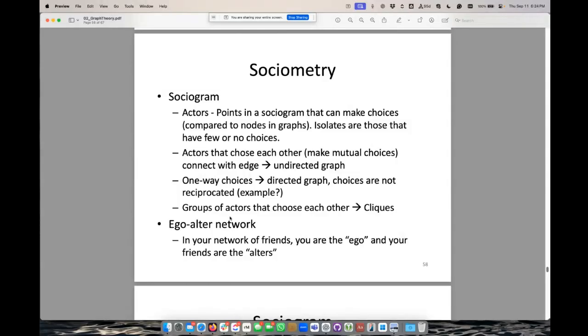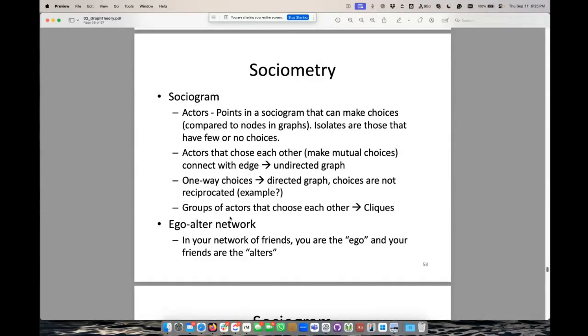So actors that choose each other, meaning they're making mutual choices of establishing relationships with each other, were creating something called an undirected graph. Something that we have seen also in our earlier concepts: when mutual relationships are there, then you don't have directions on the edges. These are undirected graphs.